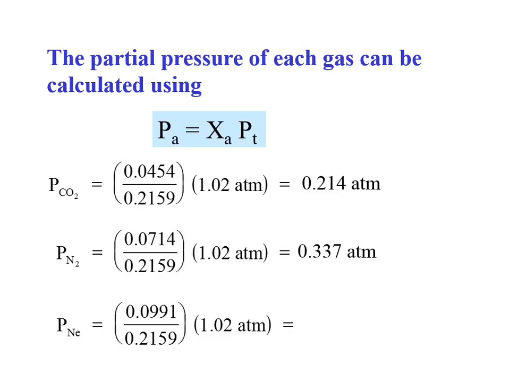The total pressure, 1.02 atmospheres. Rounded to 3 significant figures, I get 0.468 atmospheres. So yeah, add them up and see if you get 1.02, which you should.